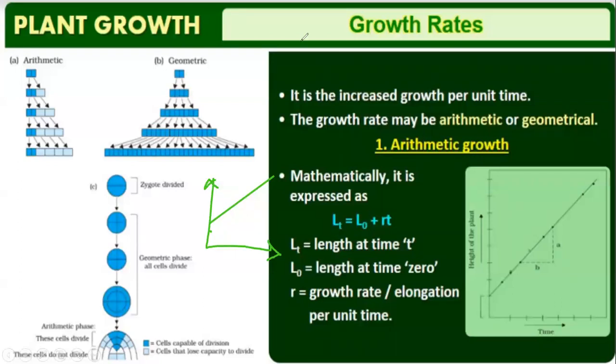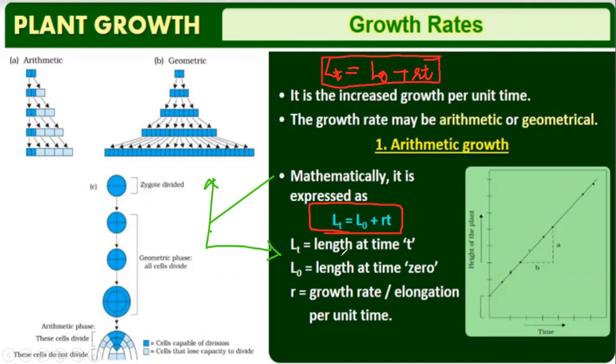In mathematical form, you can express the arithmetic growth rate as Lt is equal to L0 plus rt. This is the equation for arithmetic growth rate.